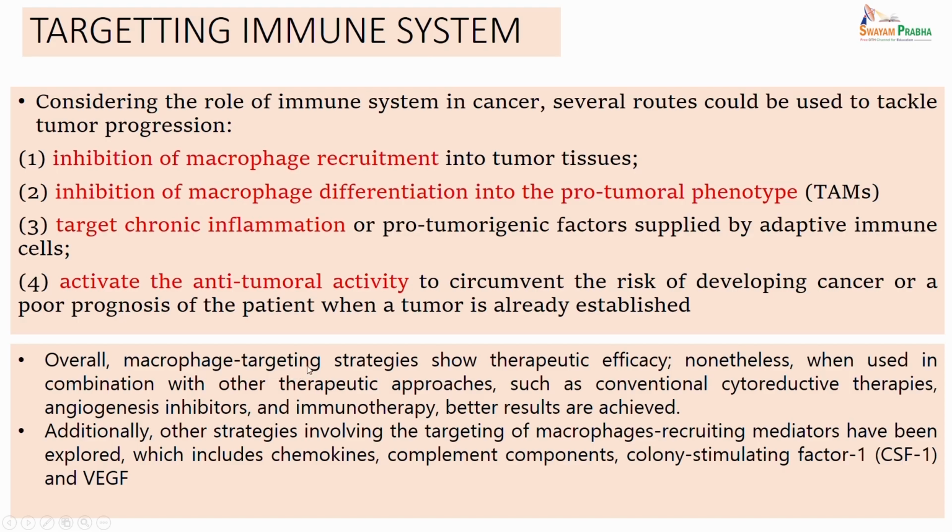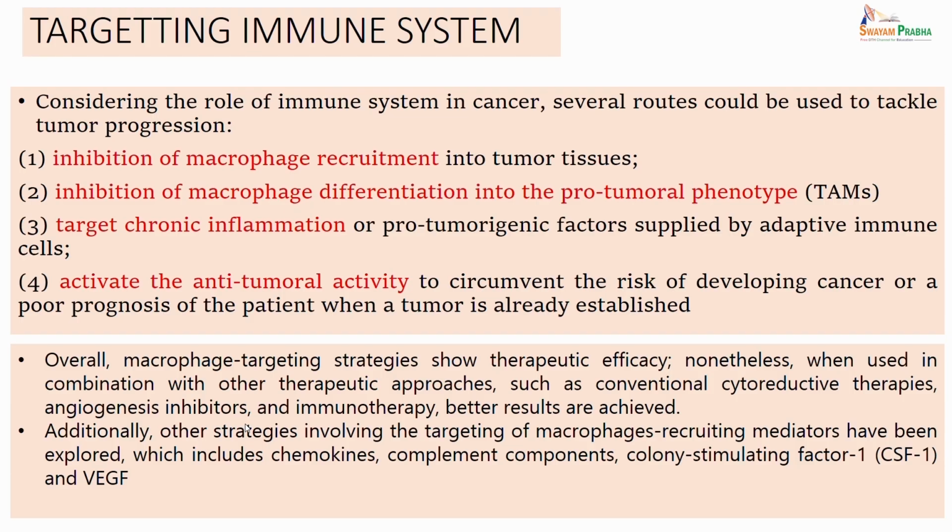Overall, the macrophage targeting strategies show therapeutic efficacy. Nonetheless, when we use them in combination with conventional cytoreductive therapy like radiation and surgery or chemotherapy, or along with angiogenesis inhibitors or immunotherapy, better results can be achieved.